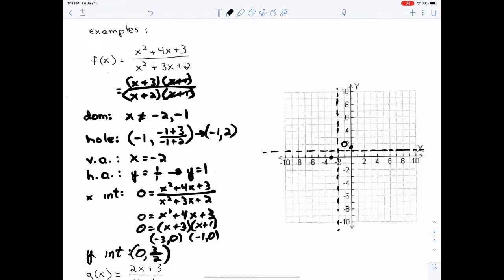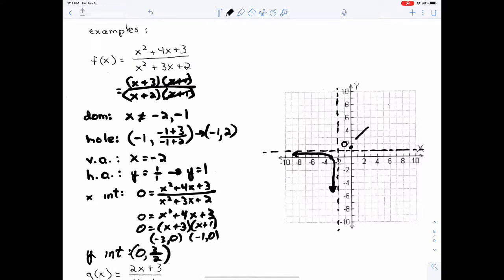Something the graph approaches but does not reach. So it's going to approach the asymptote but not reach it. And from that same point, as it goes to the right, it's going to approach the vertical asymptote, but not reach it. It can't cross it.